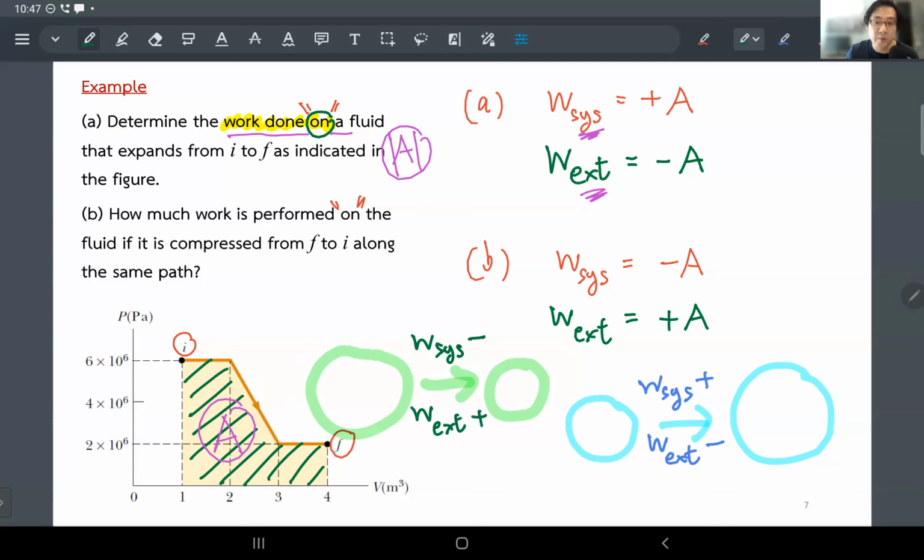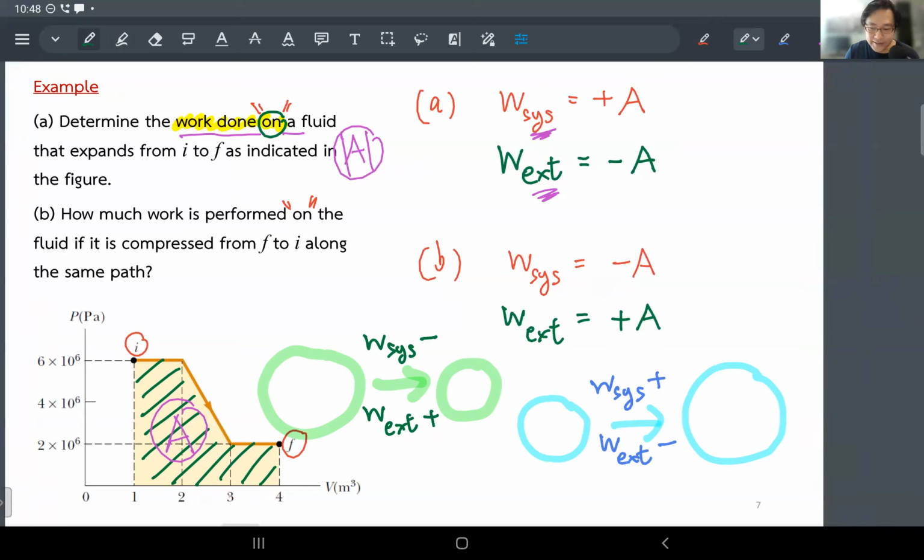So the work done by the system can be any sign: positive, zero, or negative. The work done by the external force will be just opposite to that. That's it. Is that a little bit clearer here? Okay, I hope. All right, so far so good. Keep going.